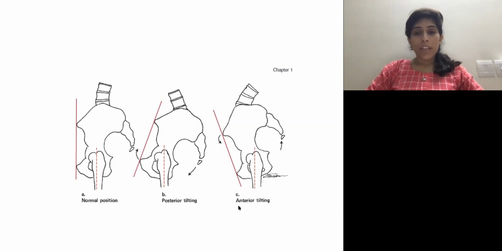Whereas during the anterior tilting, the opposite motion will occur. So ASIS will move in the downward direction, whereas the sacrum is moving in the upward direction, so that moves away from the femur. Here the sacrum is moving closer to the femur, whereas here the sacrum is moving away from the femur.